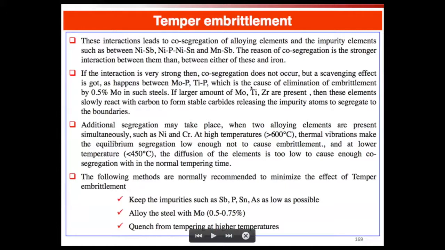The argument here is that if these are present in too high of a concentration, the carbon, and I don't understand the rationale for this, will react, releasing these impurities back, right?